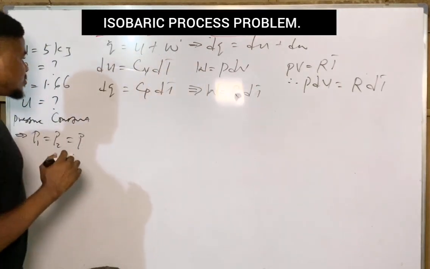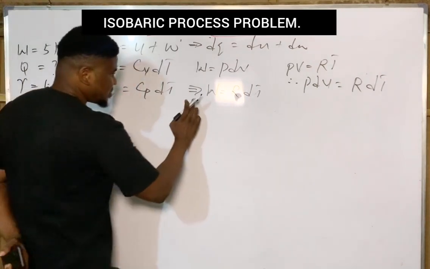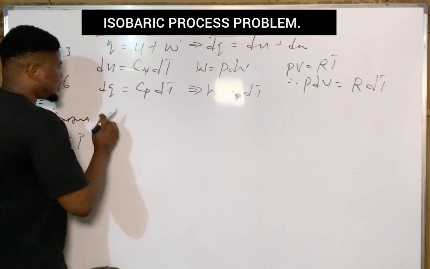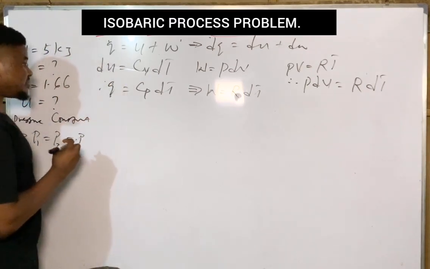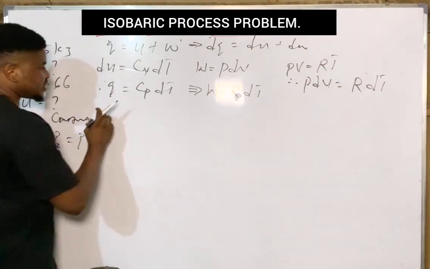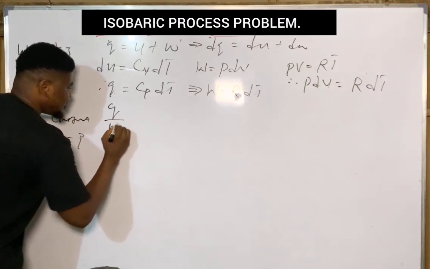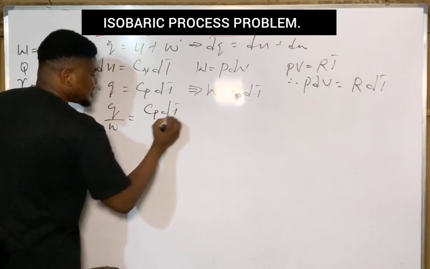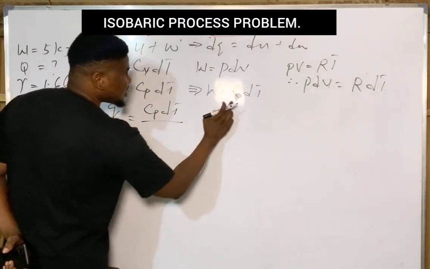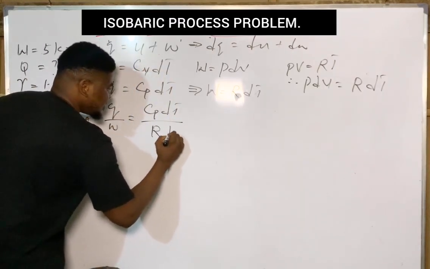Now this is what we are going to do. We know our heat equation, and we know our work equation. Simply call this Q to avoid ambiguity. Now let's find the ratio of heat and work. Q over W is equal to Cp dT all over R dT.